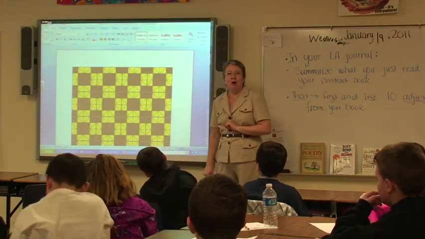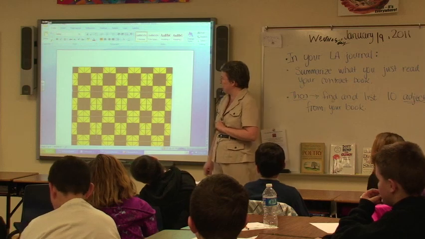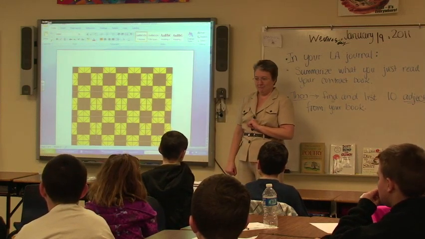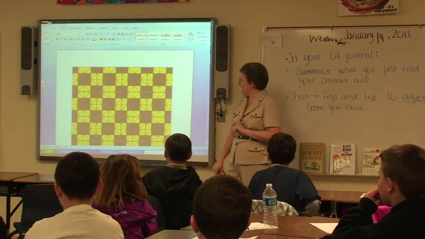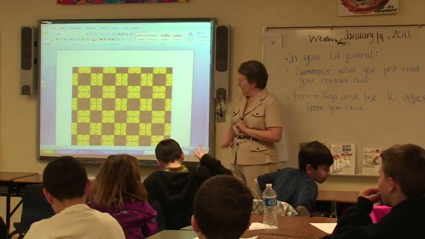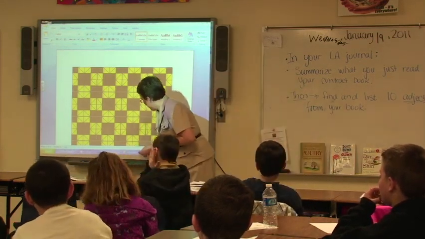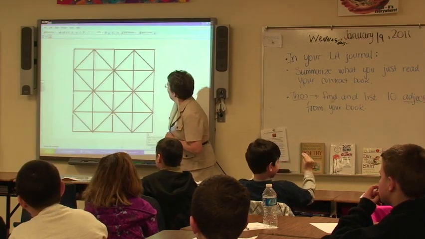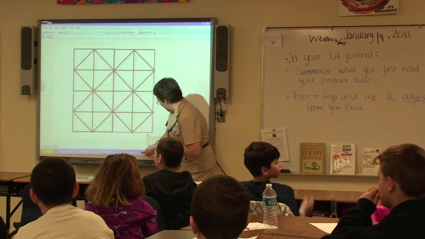If you put a whole bunch of 1/2 squares together, it makes a checkerboard. This is your blank.